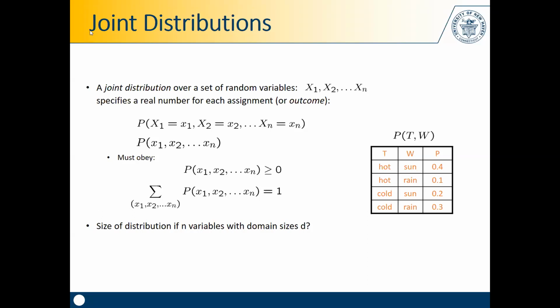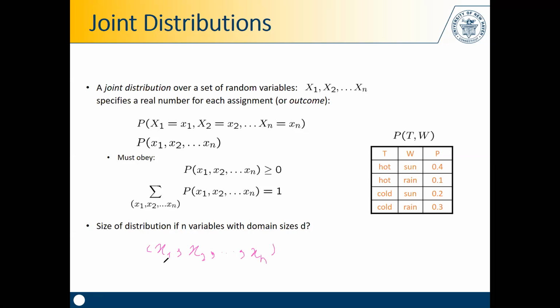So let's see. Let me bring up the annotator. So we want to figure out how many different sequences of x1, x2, I'm sorry for my handwriting, I'm writing these with a mouse, to xn we can have, right?